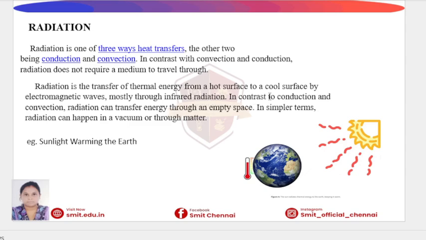It can transfer energy through empty space. In simpler terms, radiation can happen in a vacuum or through matter. An example is sunlight warming the earth. See this picture, this is the best example for radiation.